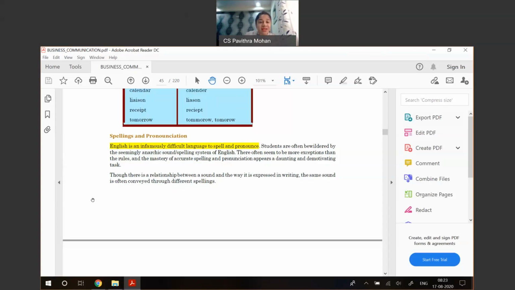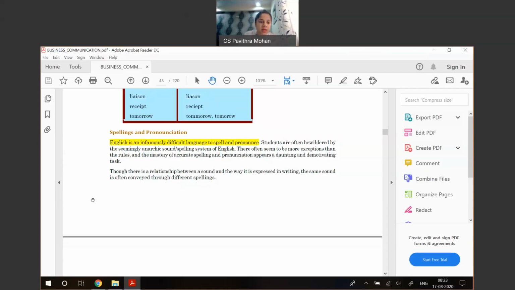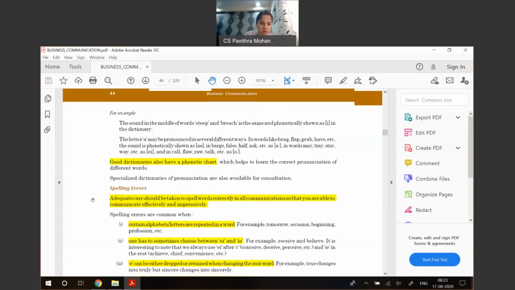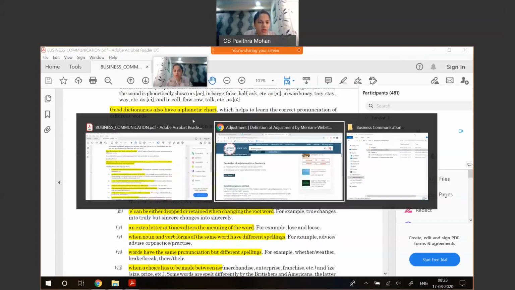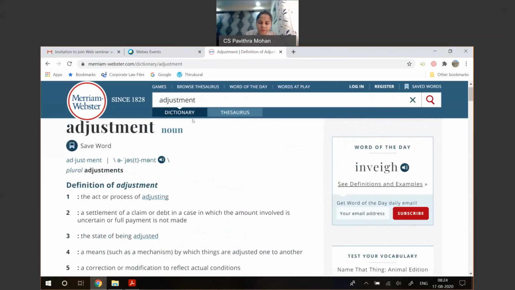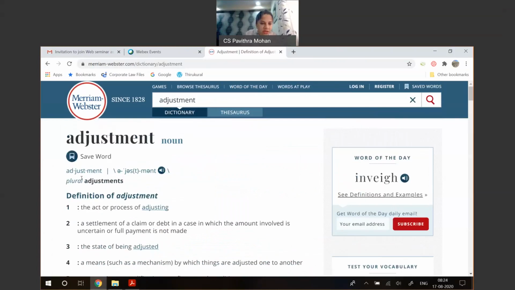So kindly ensure that when you are giving any oral speech, pronunciation is very, very important. Kindly don't miss out on the pronunciation. This will play a very important role. A good dictionary also provides a phonetic chart. I told you about the phonetic chart on that particular website. If you just see here, this is called a phonetic chart.